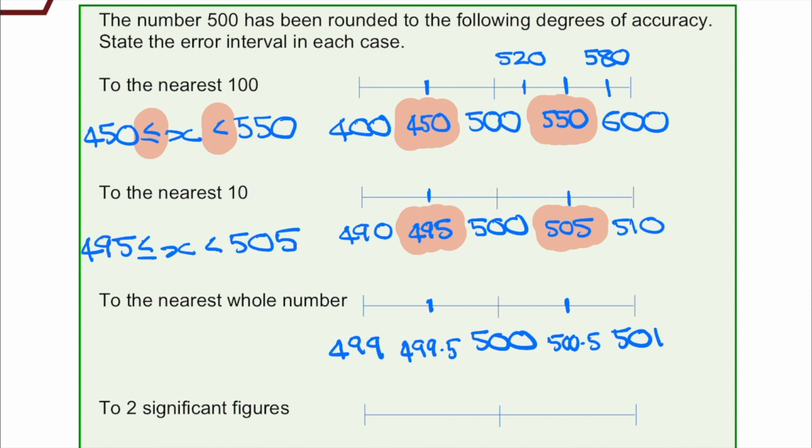That's absolutely fine. Same as before, put them in the inequality. And you've got your error interval for that one.